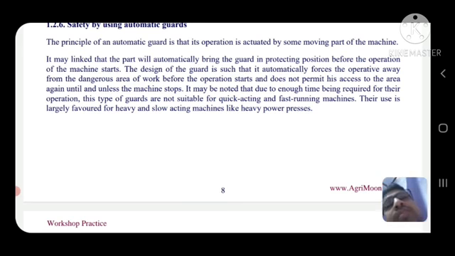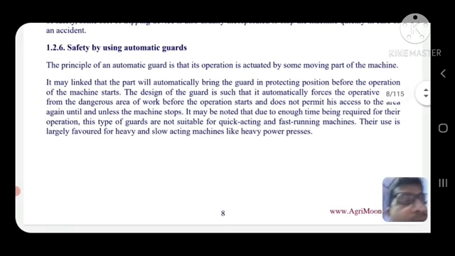So when you enter the workshop, there are some rules and regulations. You have to wear tight clothes, you have to wear shoes, okay. Loose clothes are strictly prohibited, okay. And when you do any type of work, you should be careful.